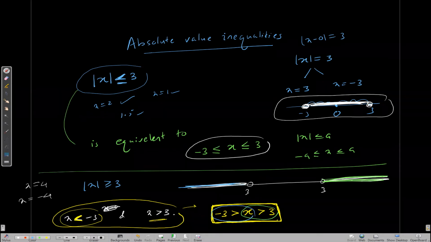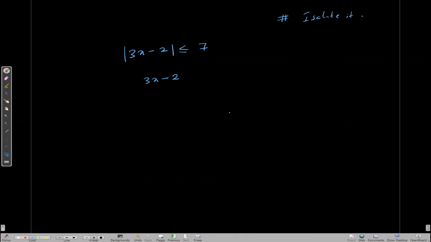Okay, with that being said, there is an easy way of solving absolute value inequalities. Now let me teach you that. Absolute value of 3x minus 2, let's say another example. You don't have to worry about all those things. What you need to do is write down your expression without absolute value. But first of all, if your absolute value is complicated, you have to isolate it. You know what, let me show you.